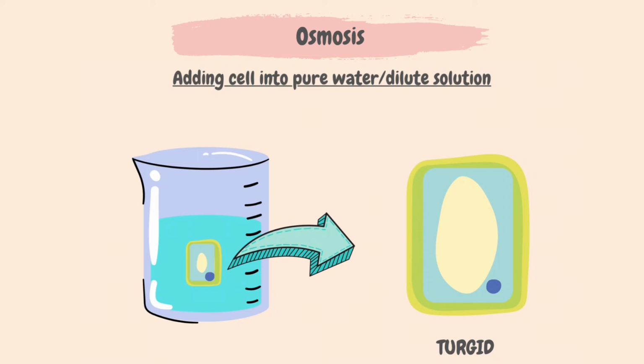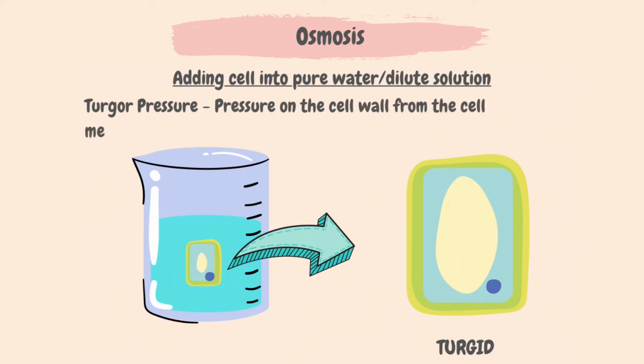An animal cell can burst if too much water enters. A plant cell has support from its cell wall and therefore will most likely maintain its turgidity without bursting. Turgor pressure is the pressure on the cell wall from the cell membrane pushing upon it.